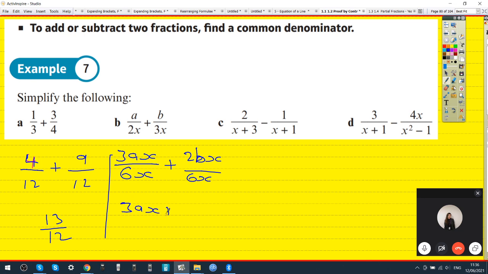Well, the denominator is the same, so it stays as 6x. Let me think about this. There's something wrong. There's no x on the top because we didn't multiply by x. They both have x in common anyway. 2x and 3x both have x. That would only be if it was x squared. Yeah. All right, question C.